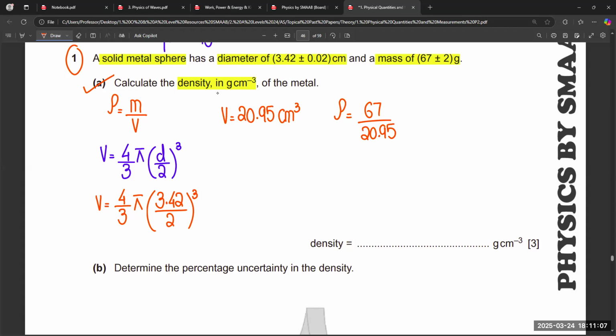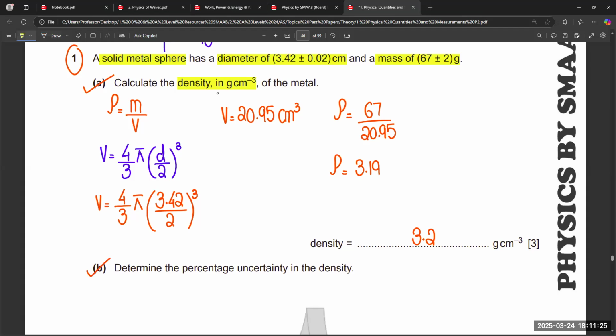So 3.19, or rounded, 3.2. So this is the density value of the solid sphere.